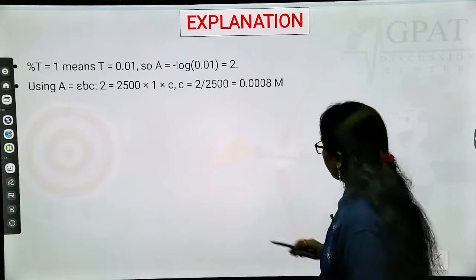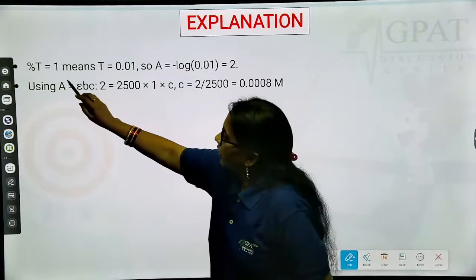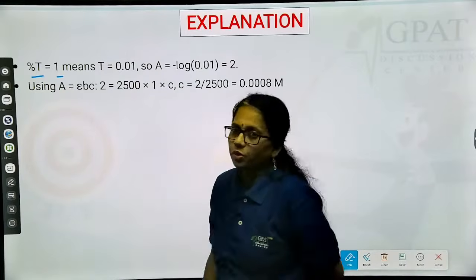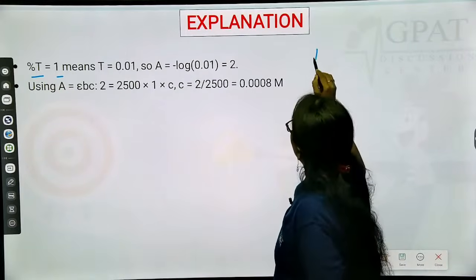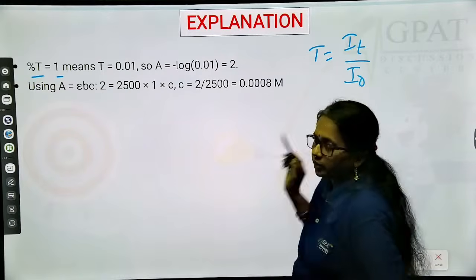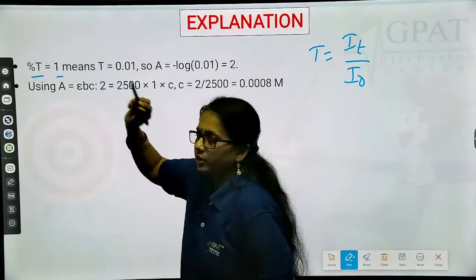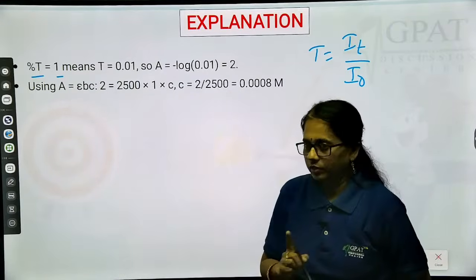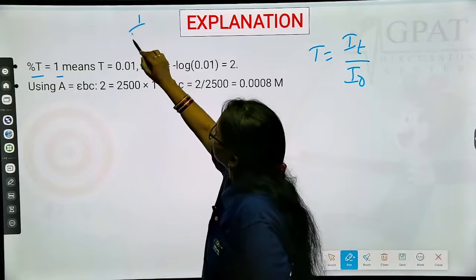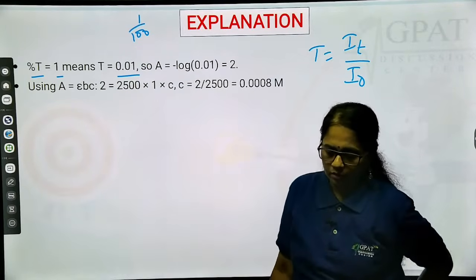So, percentage of transmittance, generally transmittance means I_T by I naught, transmitted light divided by the incident light, right. In this, percentage of transmittance they have given as a clue, that is 1. So, 1 by 100 if you take, that will become 0.01, okay.